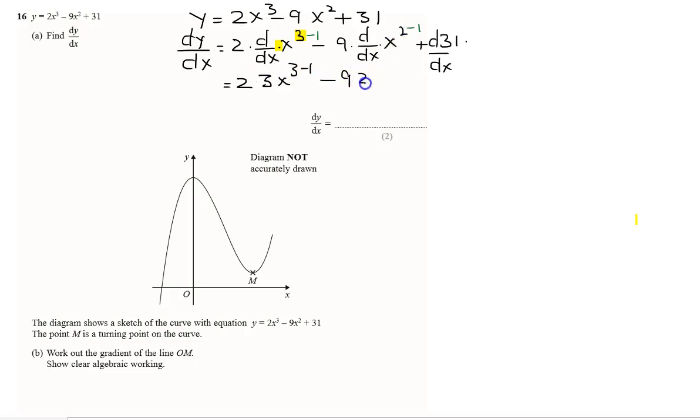This 2 will come here and it will become x to the power 2 minus 1, and the differential of a constant is 0. So this will become 6 x square minus 9 times 2 is 18. So dy over dx is 6 x square minus 18x. That is the value of dy over dx.